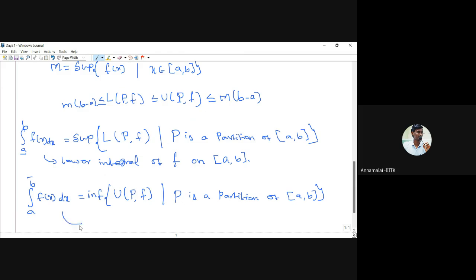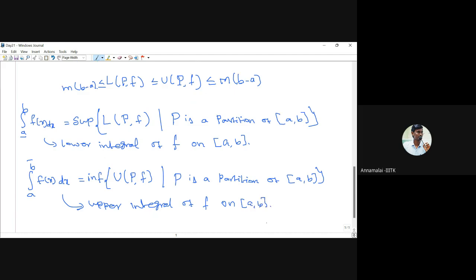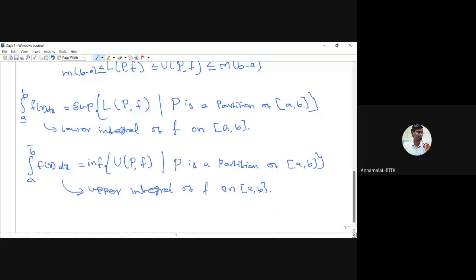So this integral is called the upper integral of f on the interval [a, b]. Now, if these two integrals are equal, then we say f is integrable.